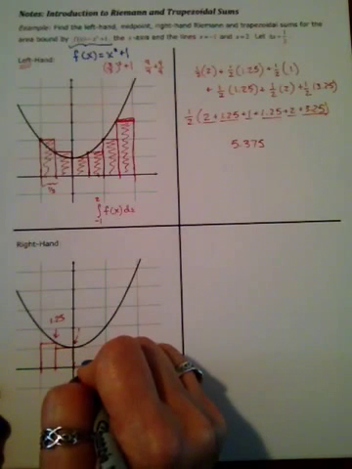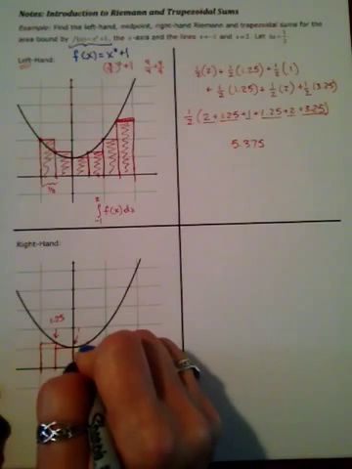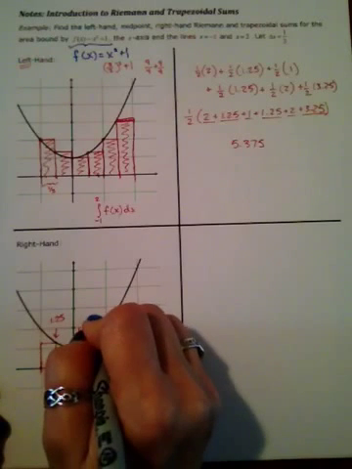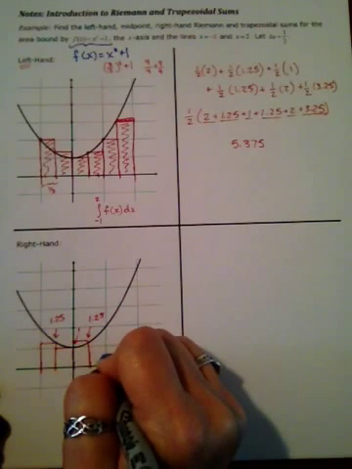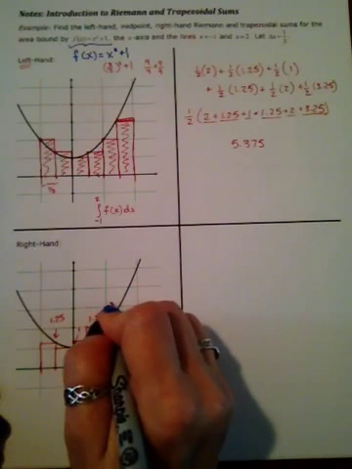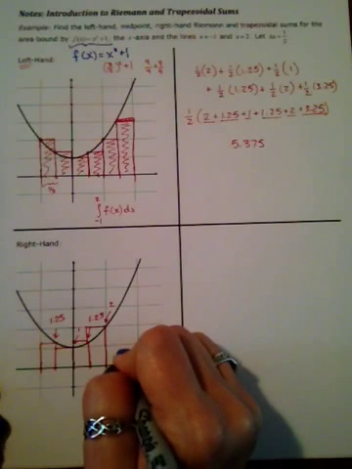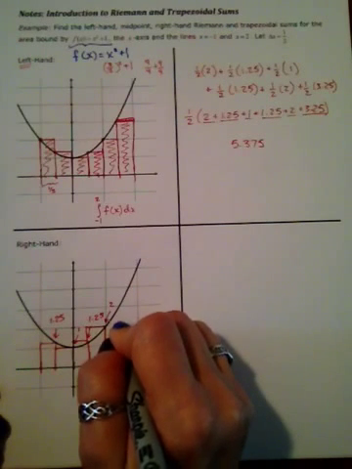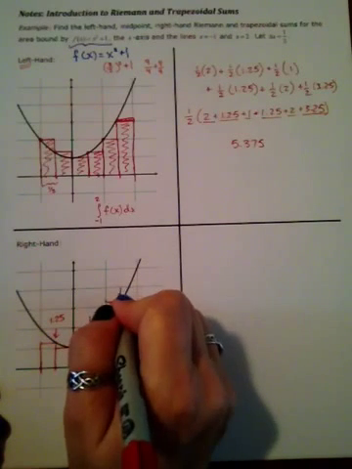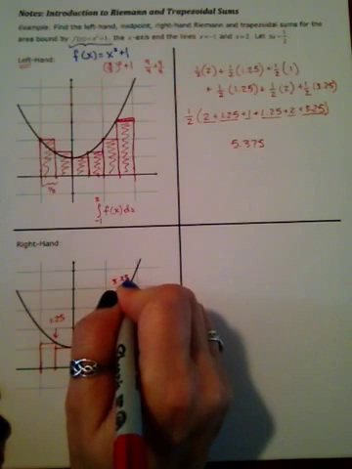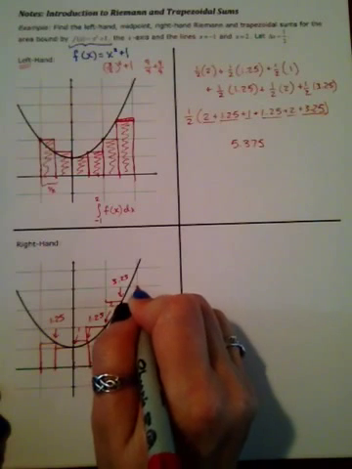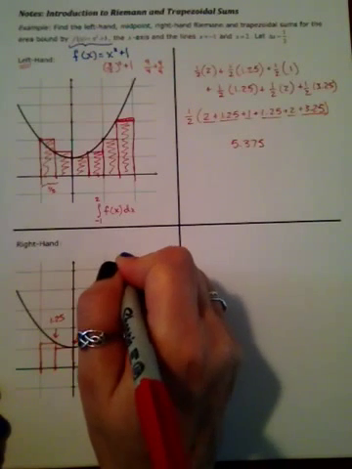For my next rectangle, I'm going to use 0.5, and the height at 0.5 is 1.25. When x equals 1, the height is 2. When x equals 1.5, I know that should be 3.25. And then I will use the far right-hand side for the last rectangle, and this has a height of 5.